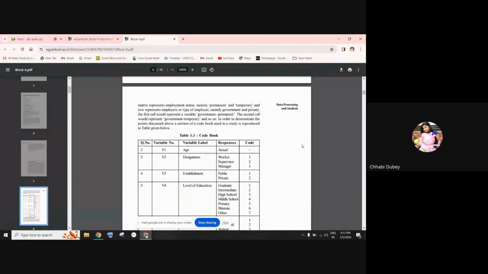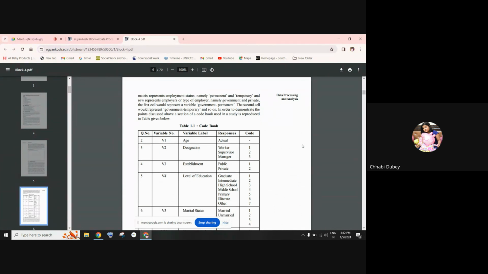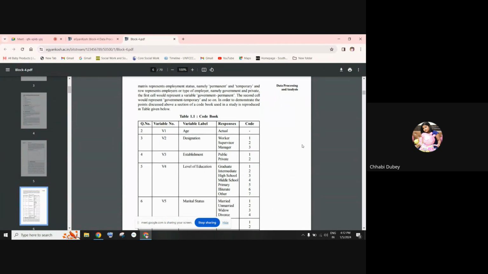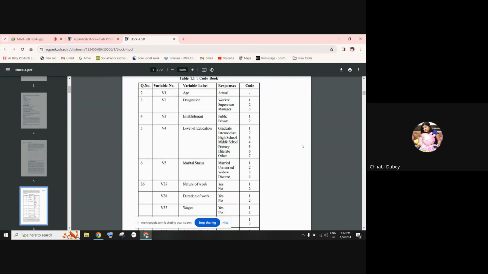So we will take each cell and give it one variable. Now, they have explained this by using this given table, how we can consider the matrix questions as one variable. Each cell will be considered as a single variable.